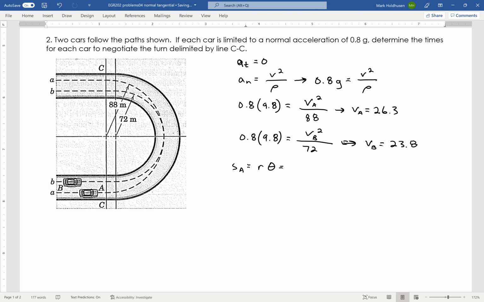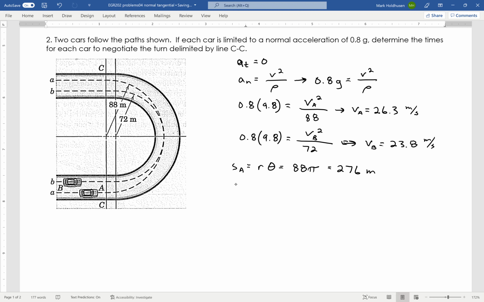The arc length is the radius, which for us will be 88, times the angle in radians, pi, which is approximately 276 meters. These velocities are in meters per second. So the distance traveled of A is 276 meters around from C to C.